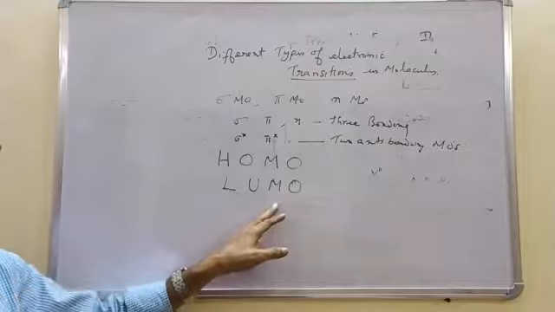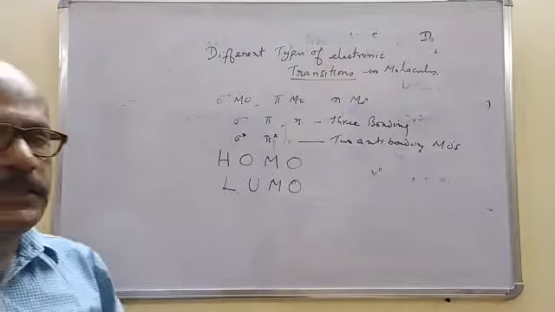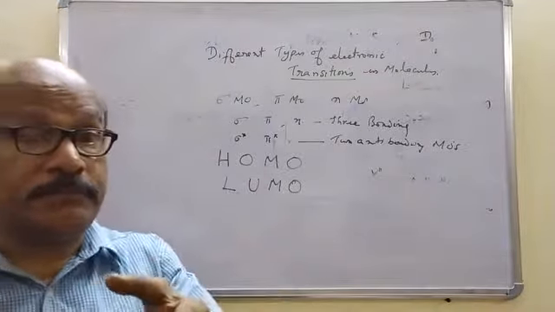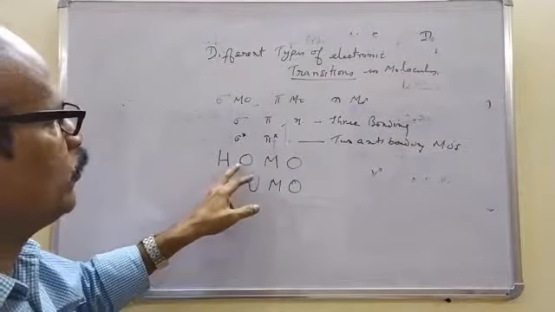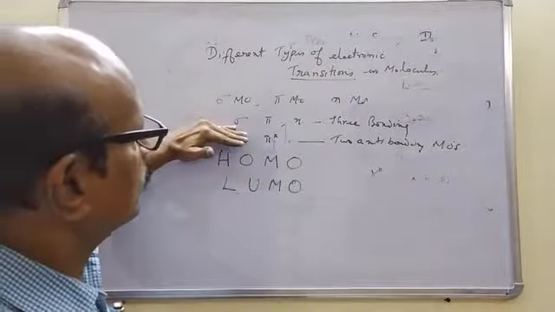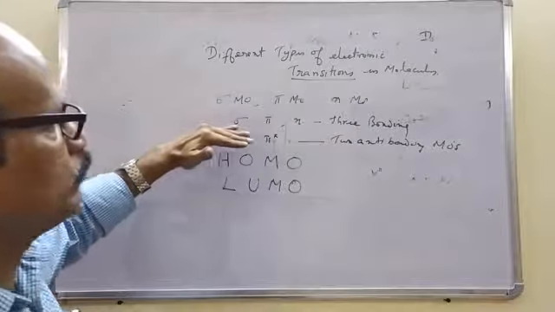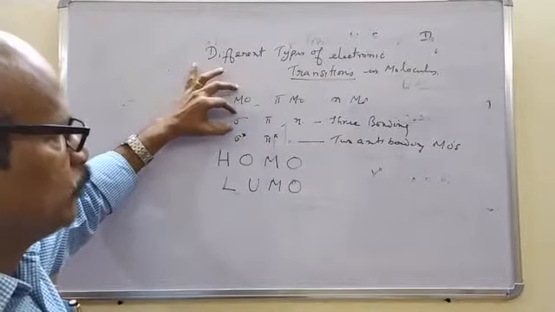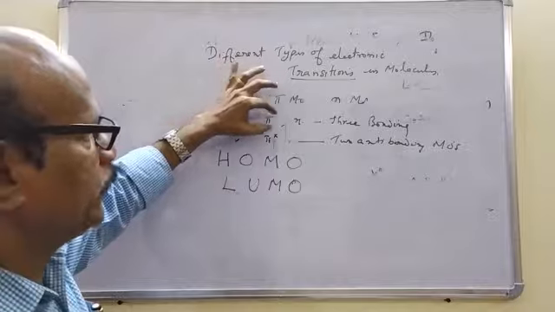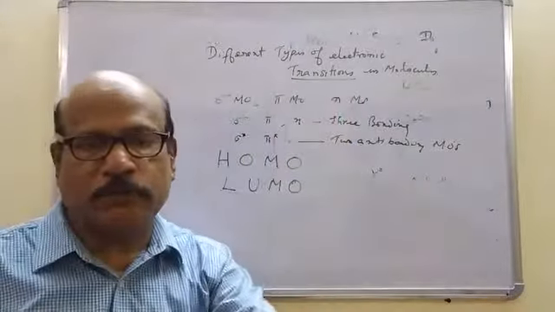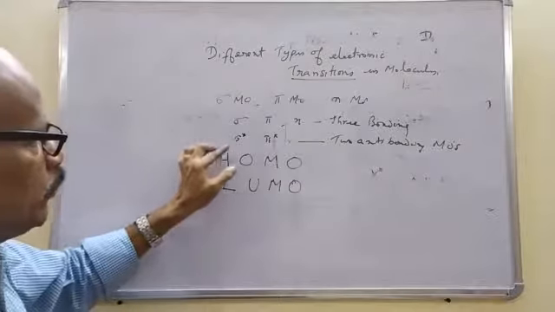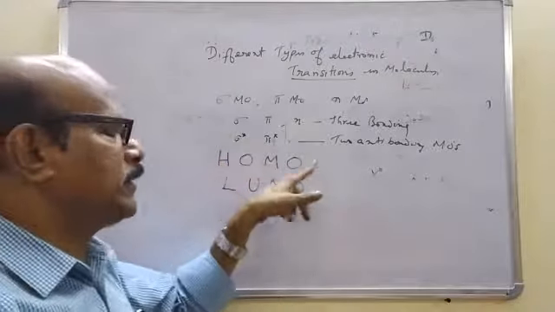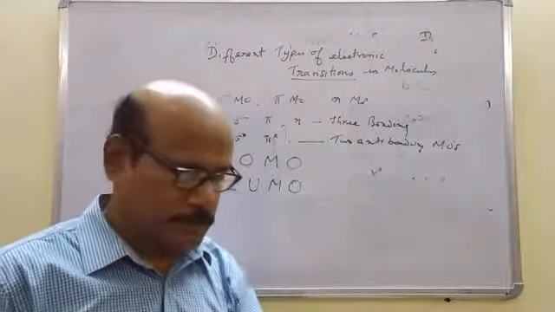In a molecular system, depending on the structure of the molecule, the HOMO may be any of the 3 bonding molecular orbitals: sigma, pi or n, depending on the characteristic structure. The LUMO may be either sigma star or pi star.